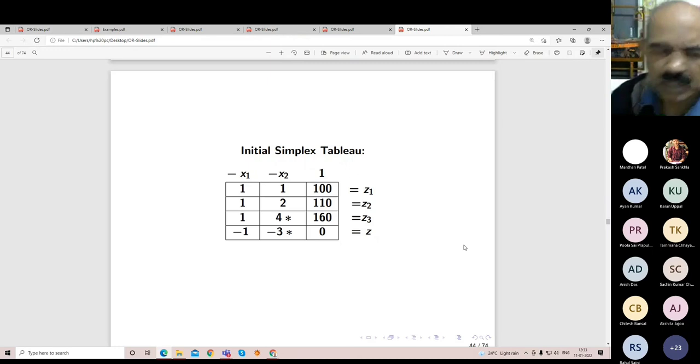Okay, that's all. Now, after re-labeling, we will try to fill up the simplex table. So you have completed the table. Now I will tell you how to fill it up.